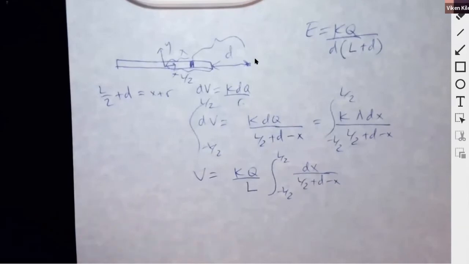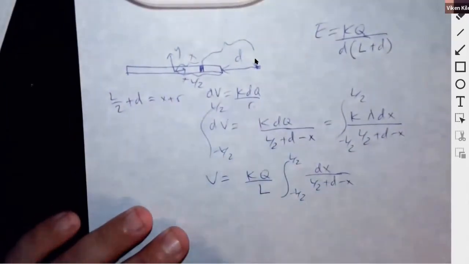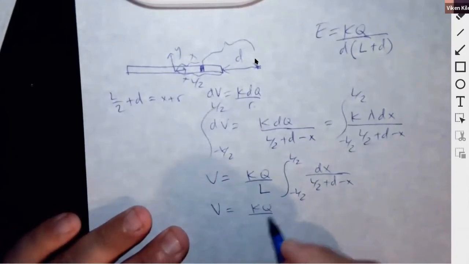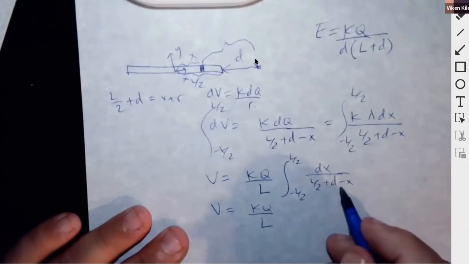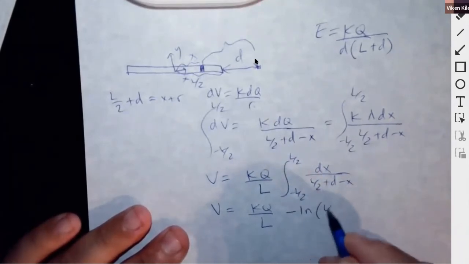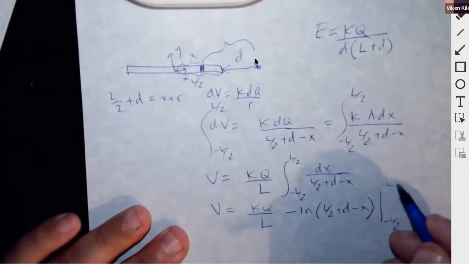Oh, this is going to be a ln function, right? Voltage KQ over L. It's going to be a negative ln of (L over 2 plus d minus x) from negative L over 2 to L over 2.